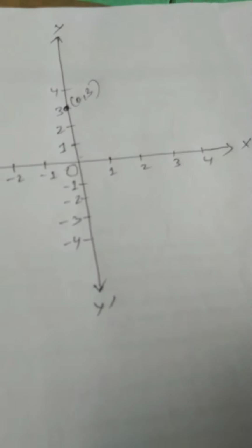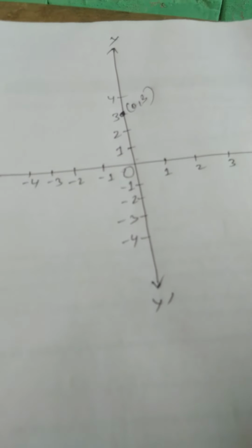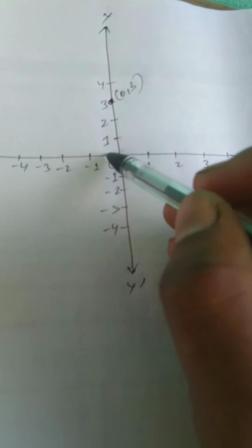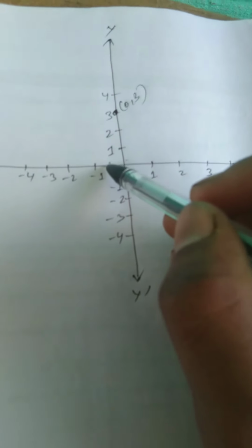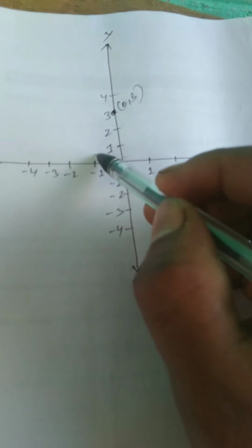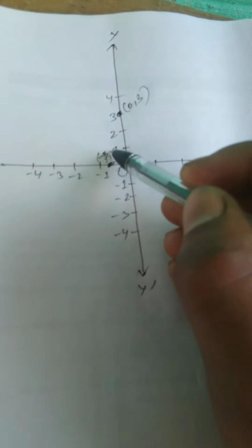Let me find where it is. It is 0.6, and 0.5 will be here, a little bit crossing it. Here it will be, so it is (minus 3 by 5, 0).